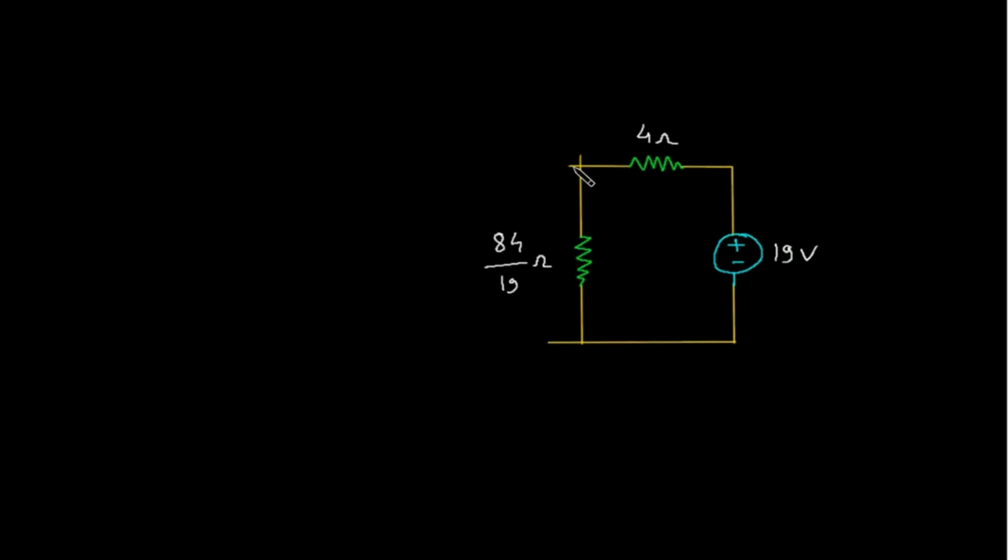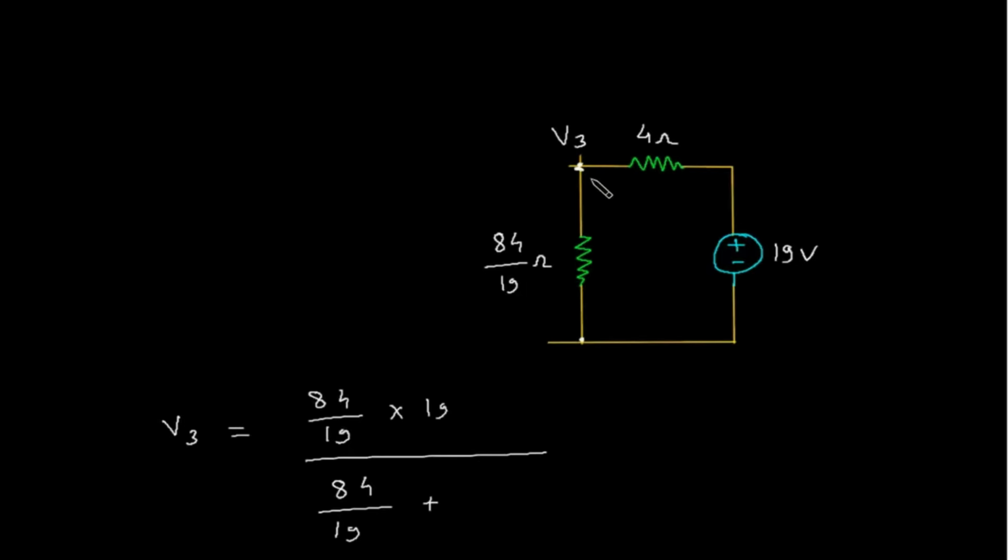Now we have to find the voltage across this resistance. Let's say this is voltage V3. So V3 is equal to this resistance, 84 by 19, into 19 by the total. The total is 84 by 19 plus 4.